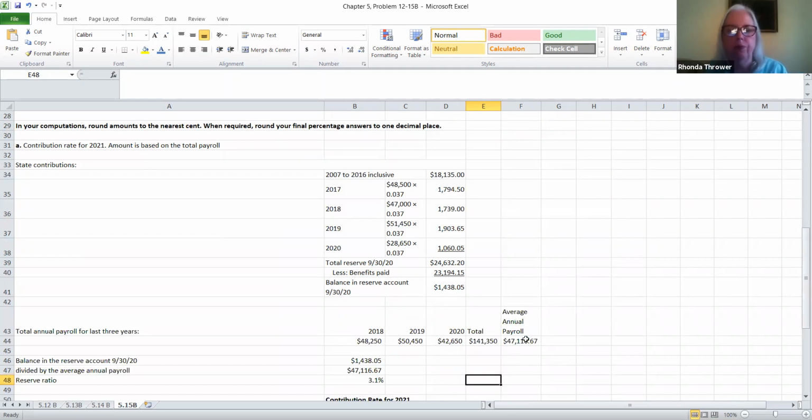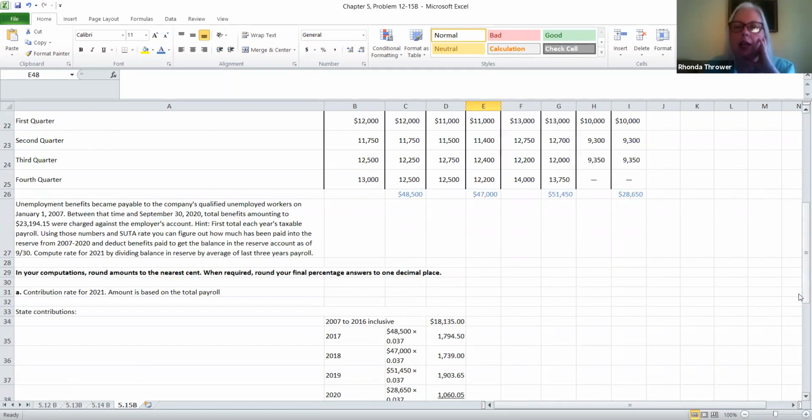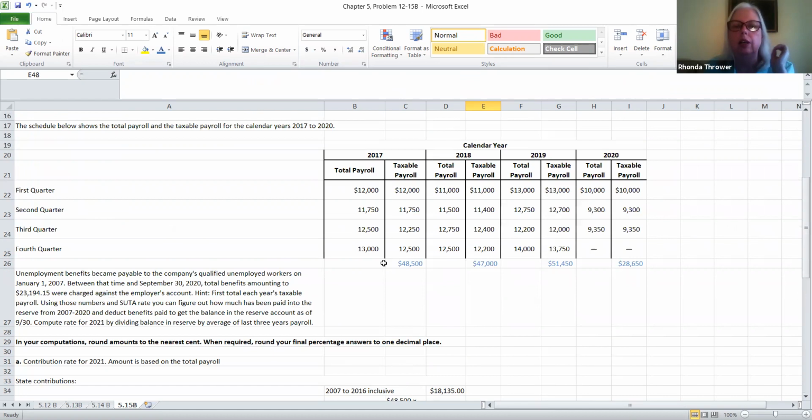annual payroll. So to make this tricky, you had to figure out what the average annual payroll was. They didn't give that to you, but they did tell you that they took the payroll from the last quarter, fourth quarter of the year, the total payroll that they paid, and they would add it to the first quarter, the second quarter, and the third quarter.